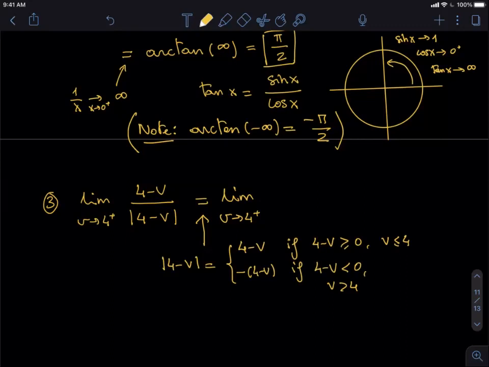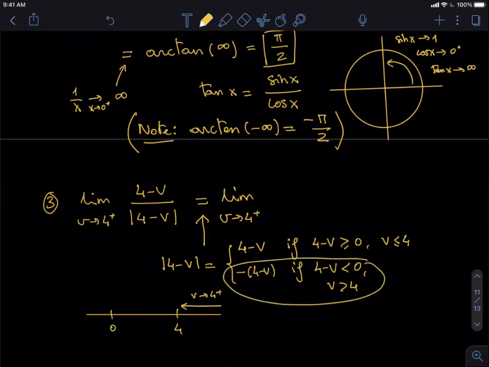And then notice we are approaching 4 from the right. So we have 0 here, 4 here. We are approaching from this side. v tends to 4 from the right. So that means that we are in the case when v is bigger than 4.